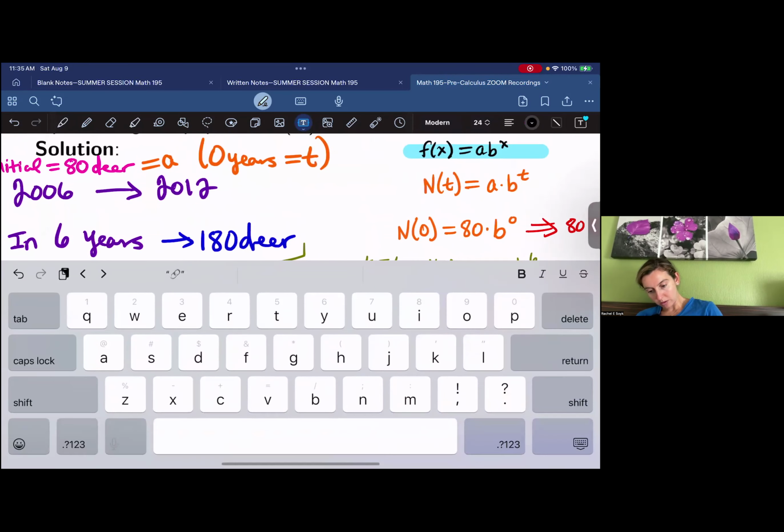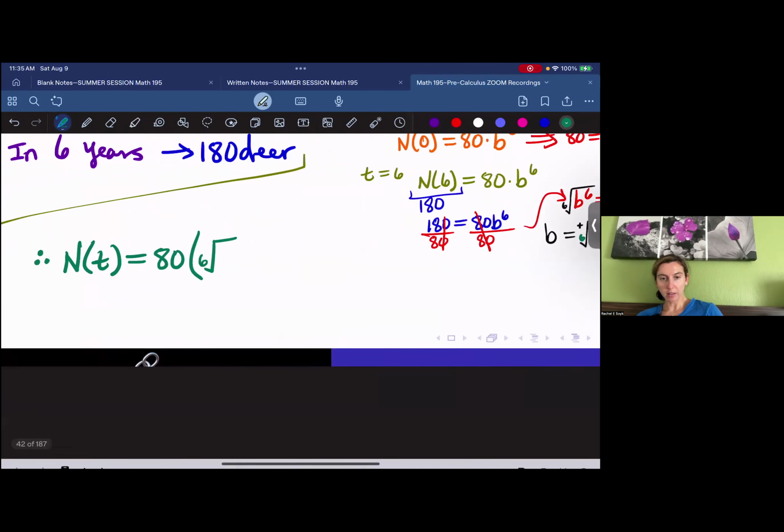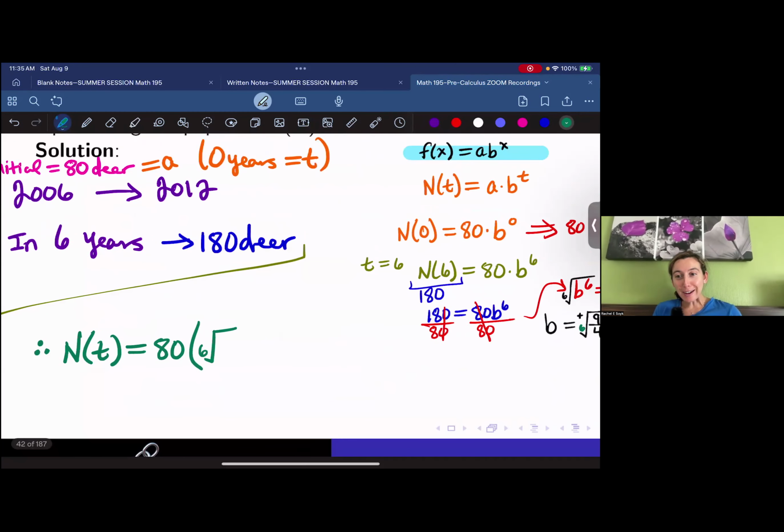Nine over 4. Computer's glitching out for a second. Sure it's positive. 9 over 4, raised to the t. And we're done.